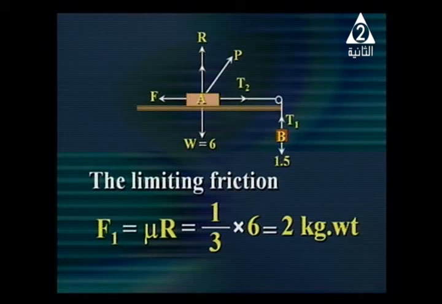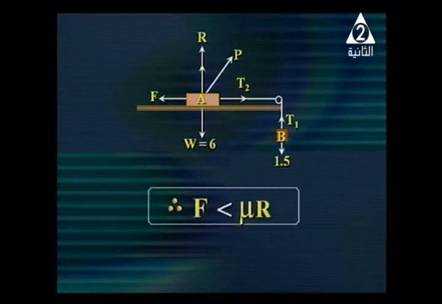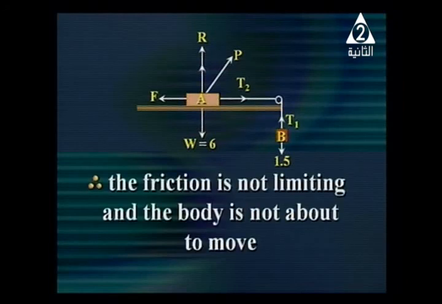Tension T2 equals 1.5, but the limiting force mu R equals 2 kilogram weight. Then what do we deduce? F is smaller than mu R. The friction is not limiting and the body is not about to move.